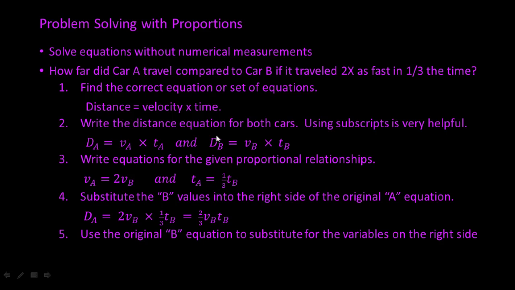So we can substitute D sub B in for V sub B times T sub B. And that leaves us with D sub A is equal to 2/3 D sub B. So the answer to our question is car A traveled 2/3 as far as car B.